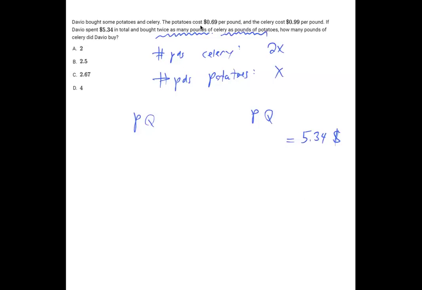So for the potatoes, we know that there are x of them, and the price to go along with that quantity is $0.69 per every pound of potatoes. And that actually gives us a correction here, because it's not x potatoes, it's x pounds of potatoes.